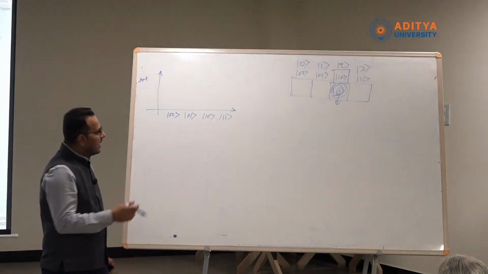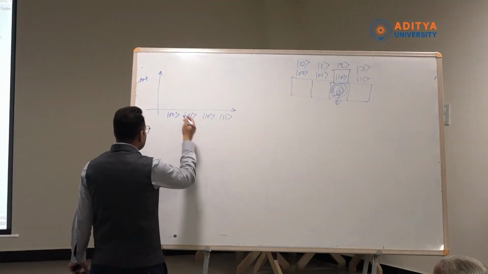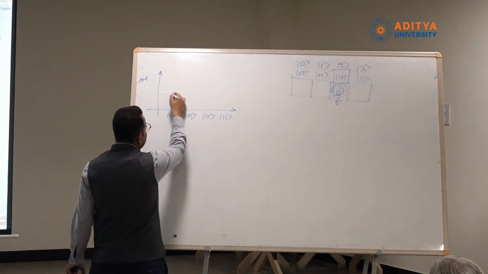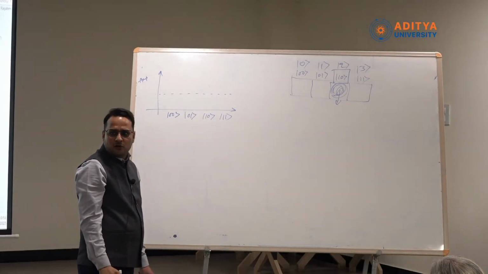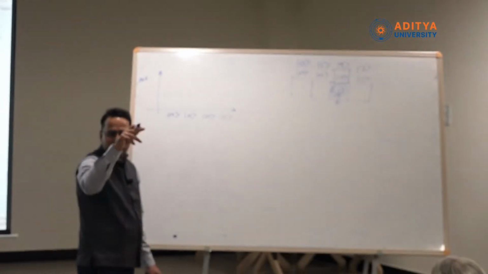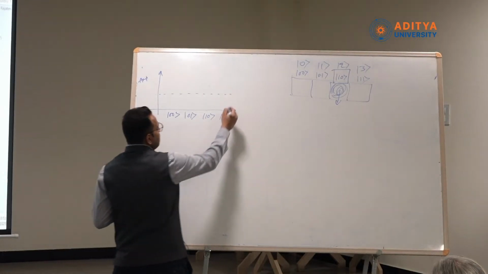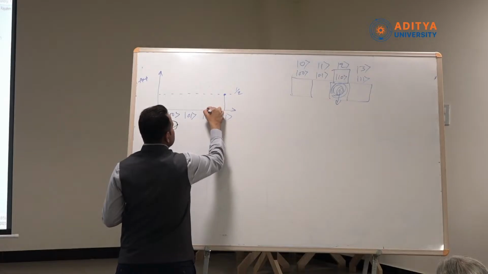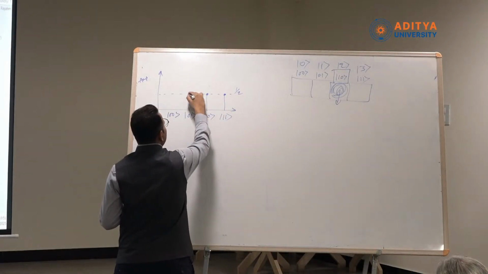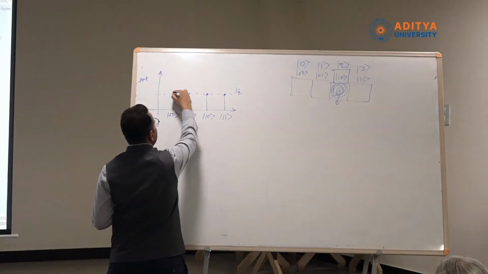So the amplitude should be the same for all. I am writing here 1 by 4 under root, that is 1 by under root 4, which means 1 by 2. So I am marking here 1 by 2. Every quantum state is assigned the same amplitude here. Understood?